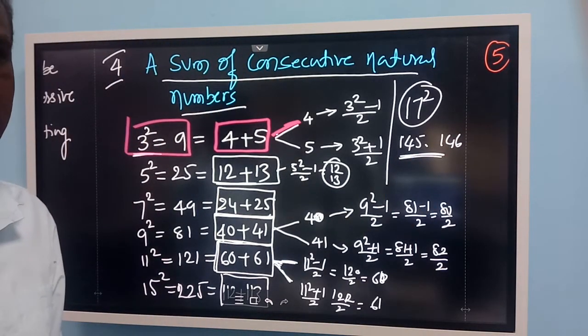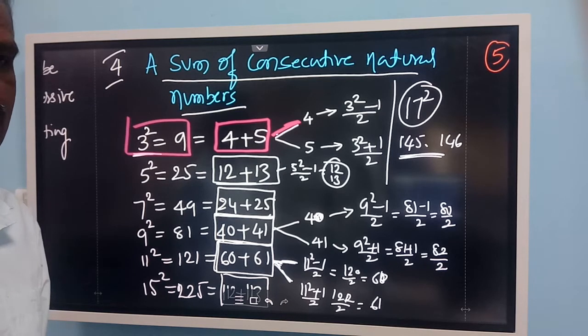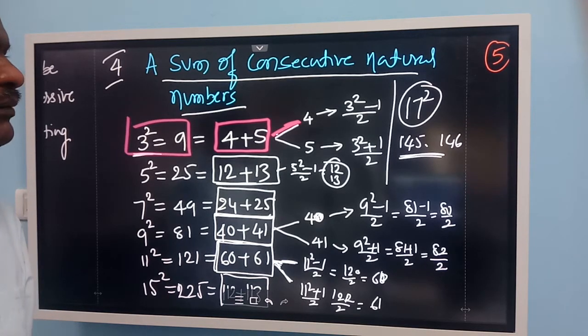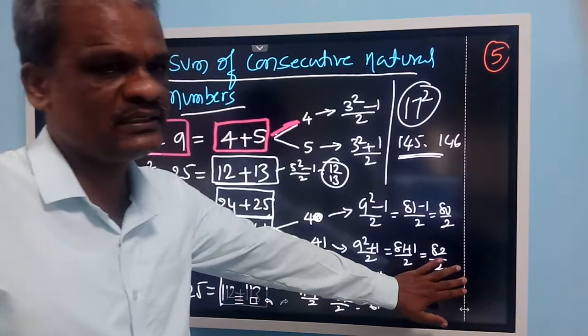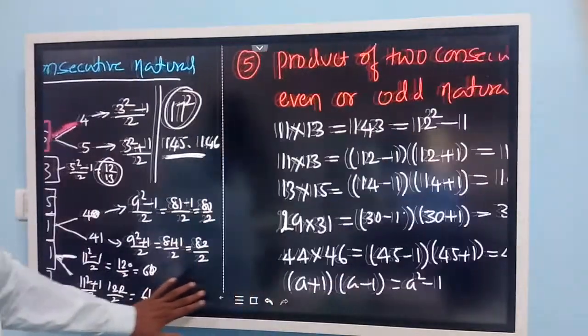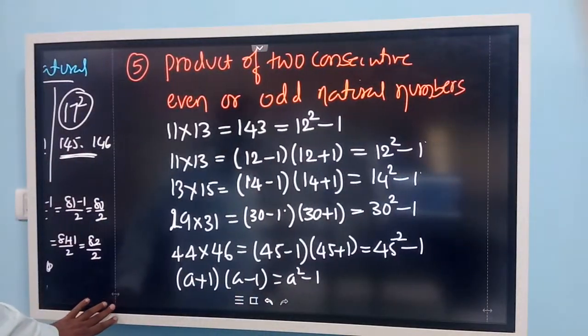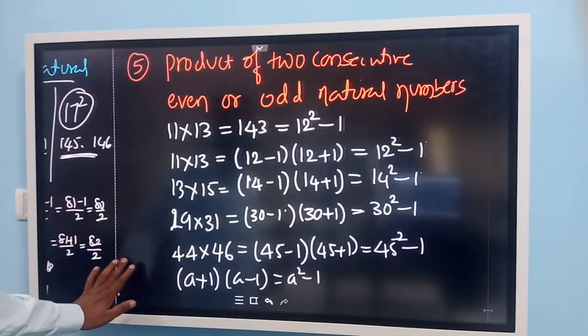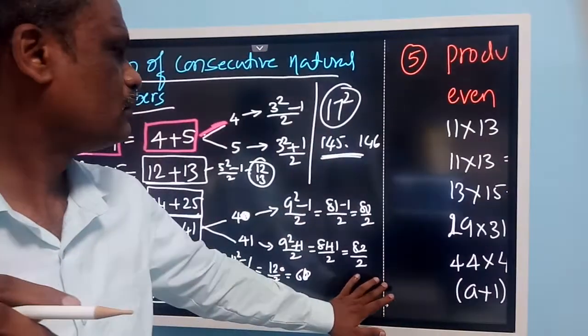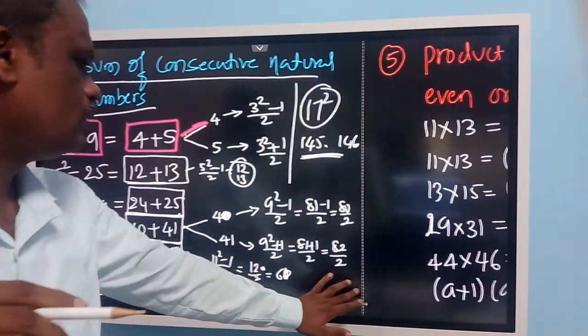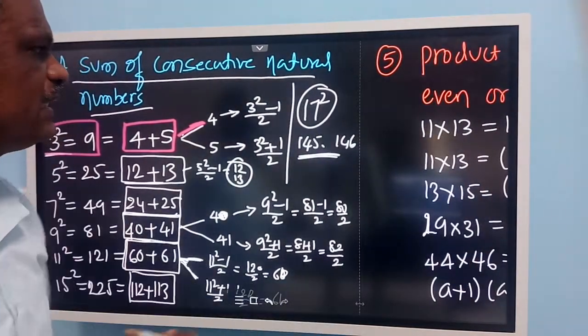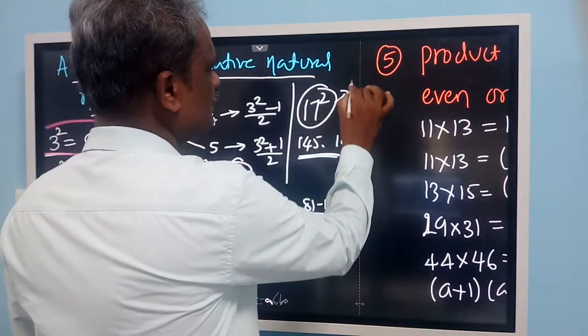What is 17 square? Sir, 289 plus 1 by 2, 289 minus 1 by 2 if you do, then you will get this. You understood this? Sir, 144 and 146. What is 17 square?